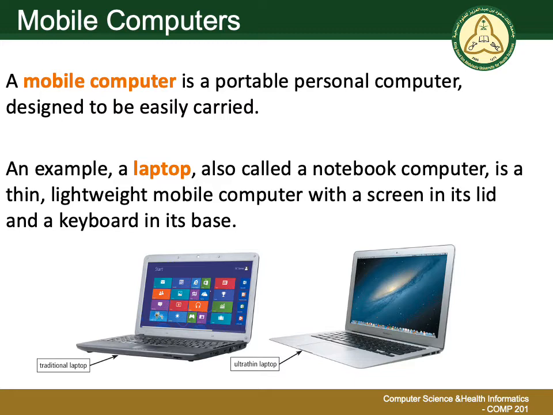Because it is easy to carry outside your home, outside your work, and use it everywhere, anywhere, at any time. So a mobile computer is a portable personal computer. We described what a personal computer is in the previous slide. So this is the main difference between a mobile computer and a personal computer: the portability, only the portability.